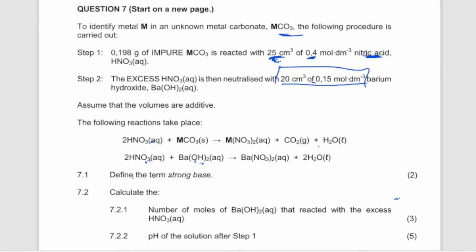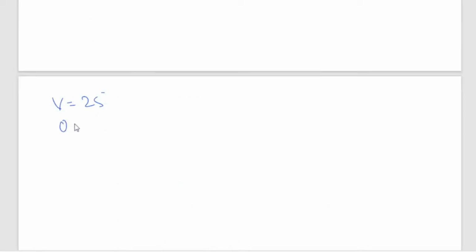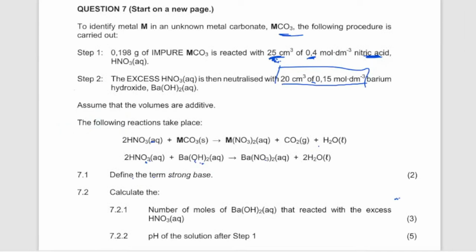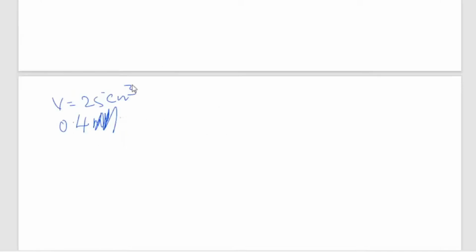Say that volume is equal to 25, and concentration 0.4 molar, and this is cubic centimeters of nitric acid. Now we need to find the number of moles of nitric acid in here.